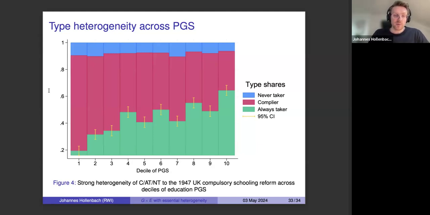What you generally have with compulsory schooling reforms is that they target the lower end of the educational spectrum, right? People who leave school at age 14 or even earlier, which is incredibly early. And you make them stay a year longer. That's certainly the lower end of the educational spectrum.